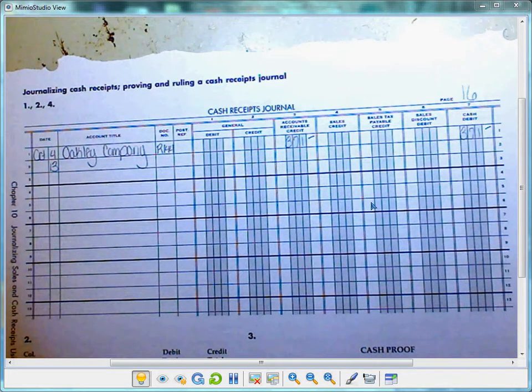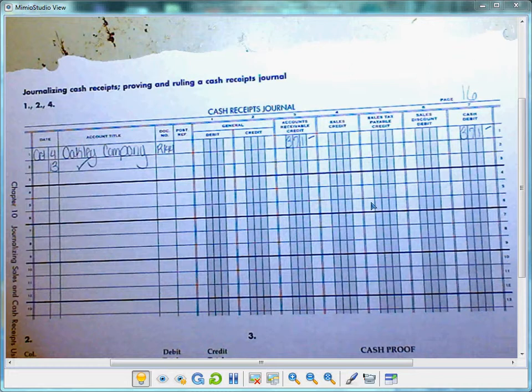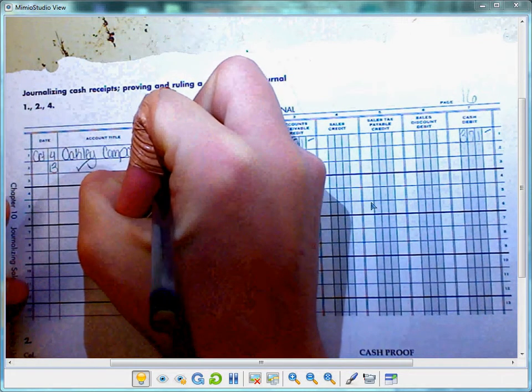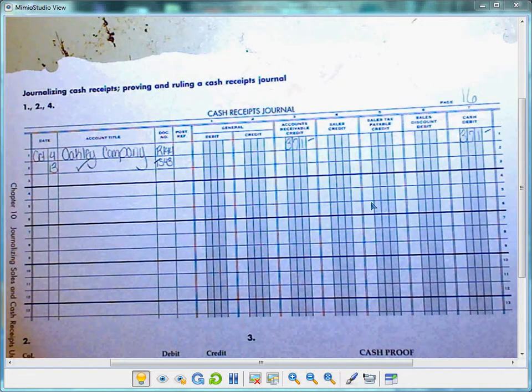The check mark. I don't think we're ever going to write sales in the account title. And so our document number is TS 43. Yes, put a check mark in the post reference.